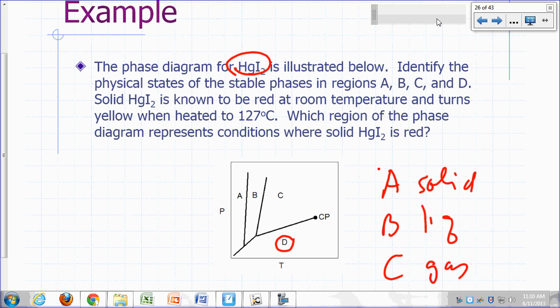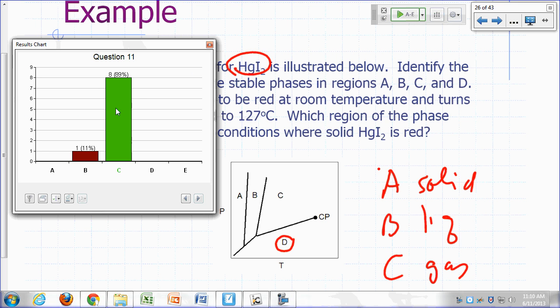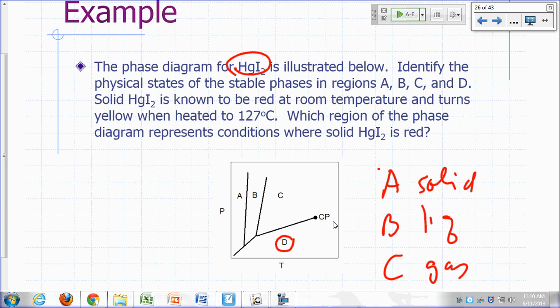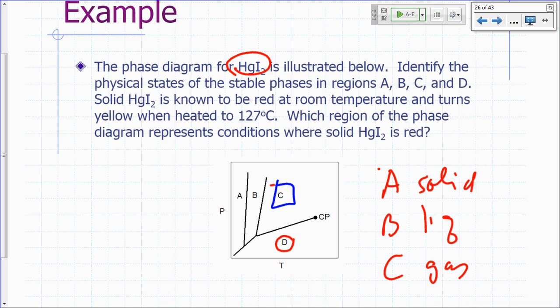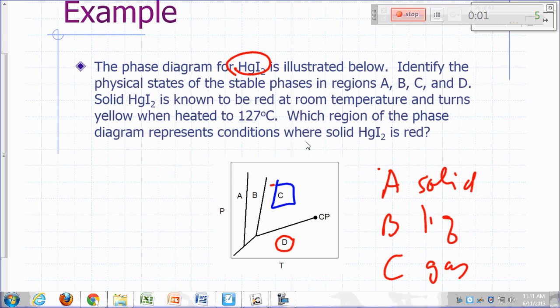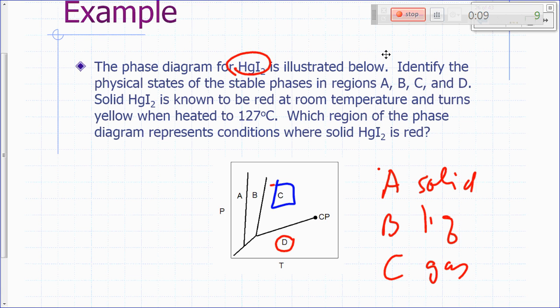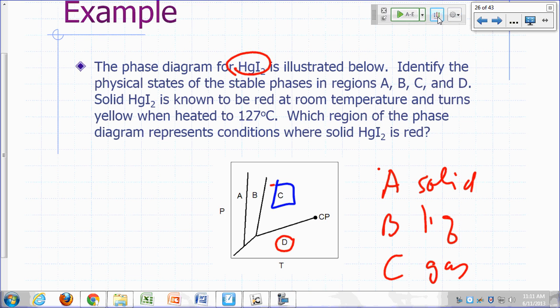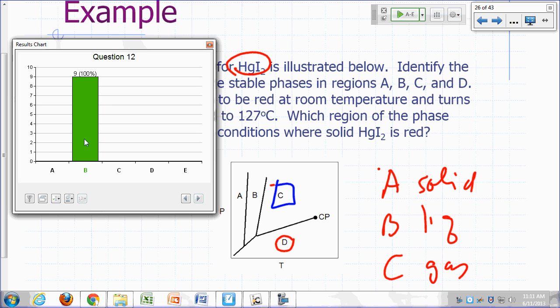Gas. Very good. What about point C? Does it represent solid, liquid, or gas? Liquid, very good.